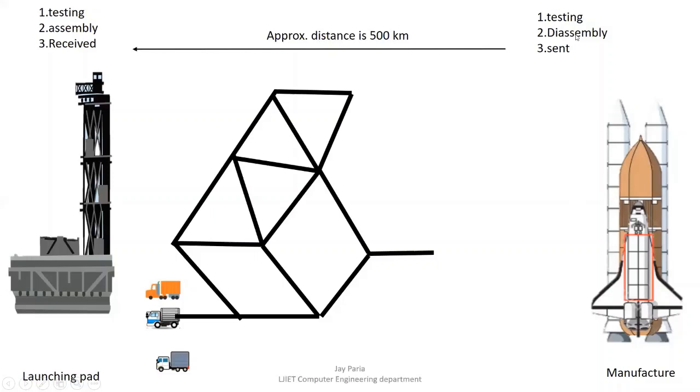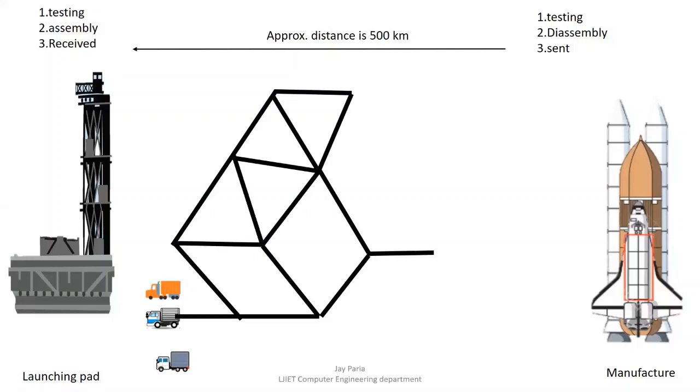So we can consider each task as one layer. At the sending side, there is a layer of testing. In the testing they will follow some procedures and protocols, and after the testing is done they will follow the de-assembly. The de-assembly we can also consider as a layer. In the de-assembly layer, they will deassemble the whole space shuttle and rockets into small parts.